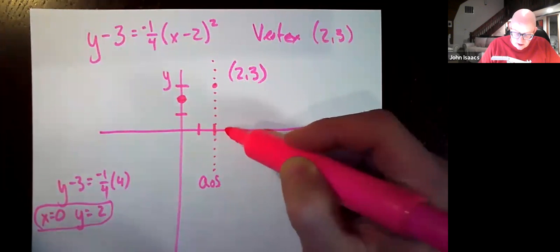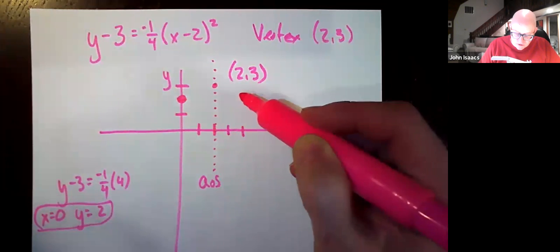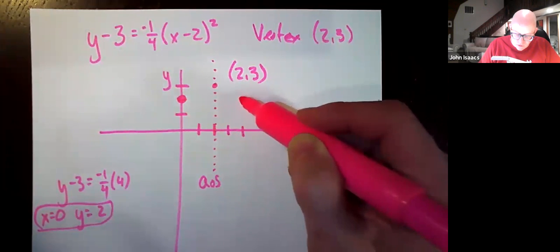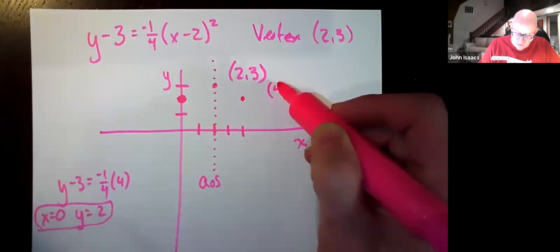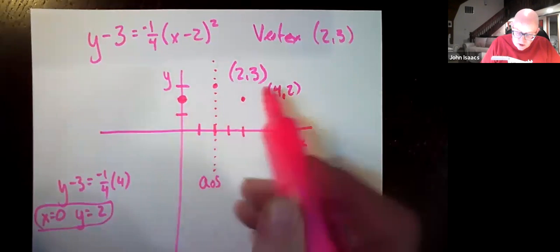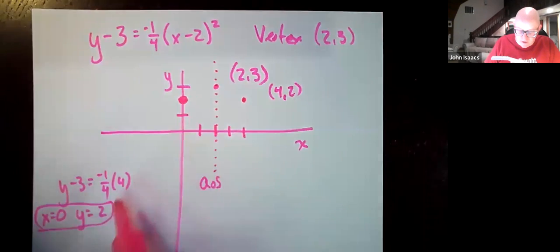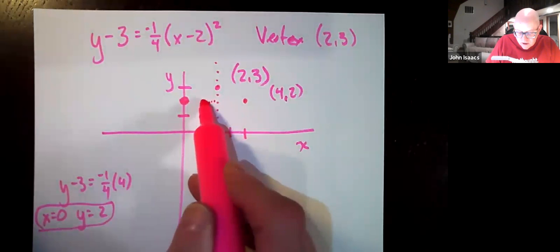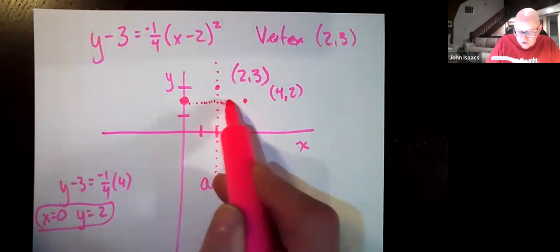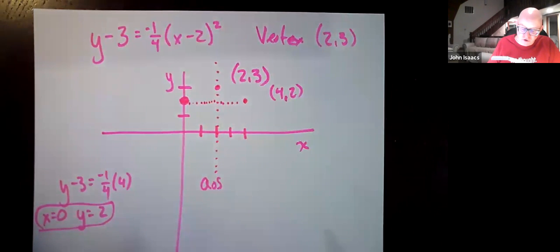So instead of being at x equals 2, we're at x equals 4. So we have another point here where x equals 4 and y equals 2. That corresponds with the point we figured out here was 0. Because this distance here is 2, we also have this distance over here of 2.